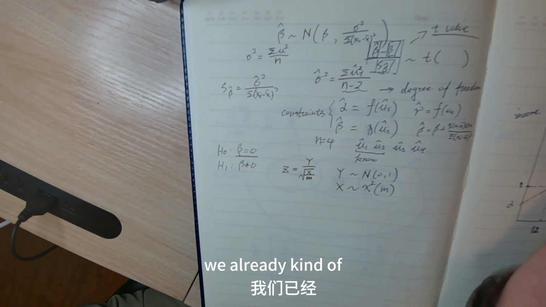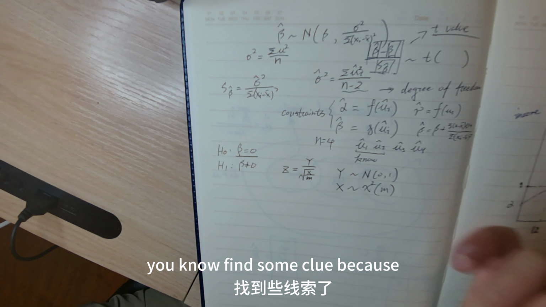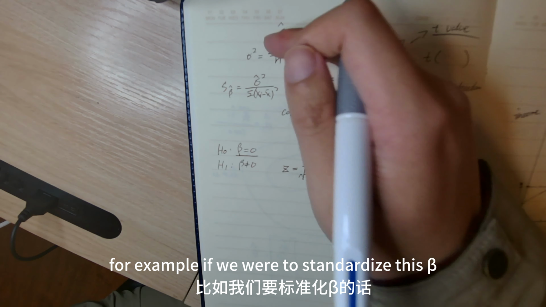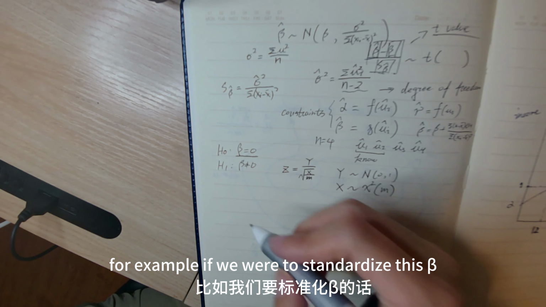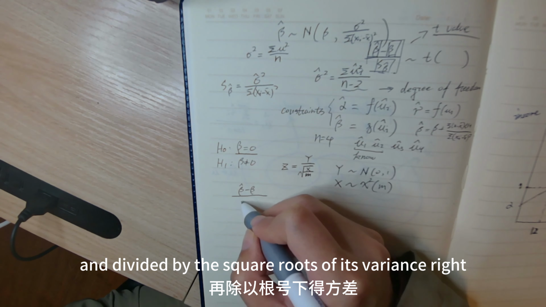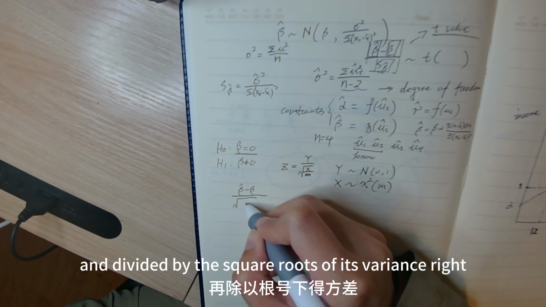Okay, so just look at this form. We already find some clue, because how do we standardize a normal distribution? For example, if we were to standardize this beta, we just subtract its mean and divide by the square root of its variance, right?